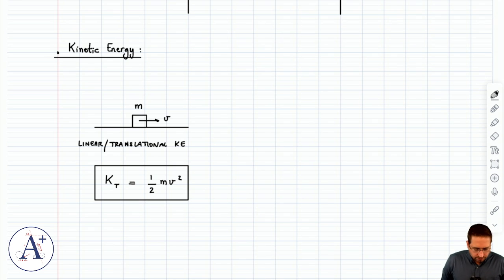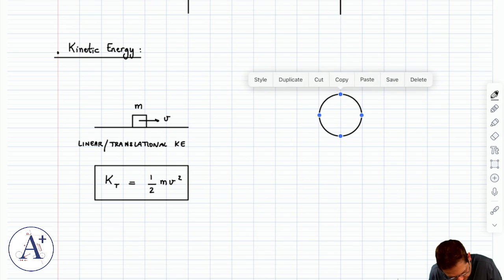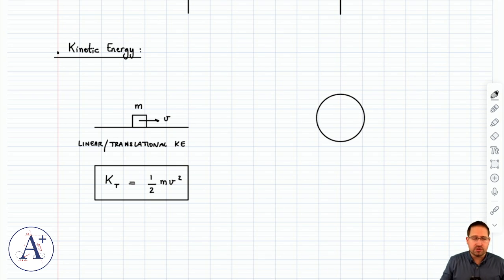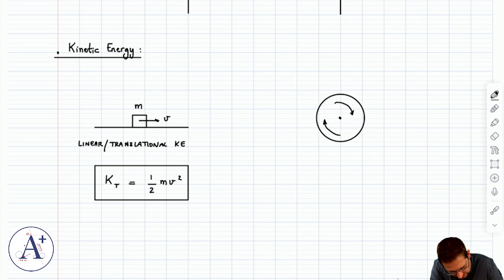Okay. New type of motion that we encountered in this chapter is rotational motion, right? So you can think of that as a cylinder spinning. I mean, it could be a drill bit, it could be whatever you want. But let's say that we have rotational motion. We have a spinning cylinder, right? And it has a moment of inertia I with respect to its center of mass, so I center of mass.